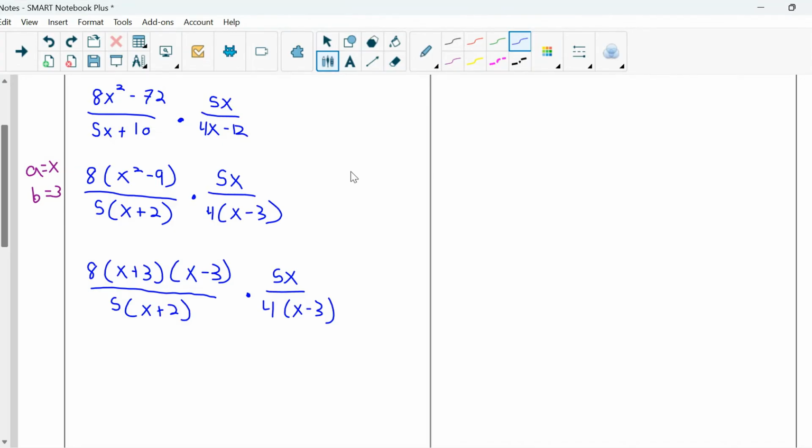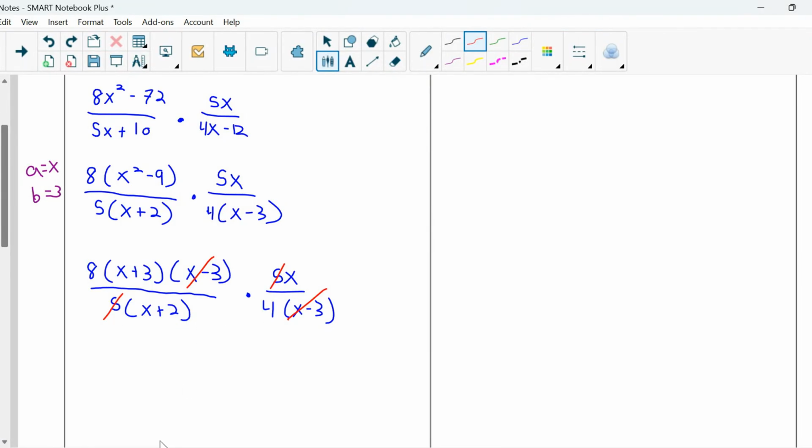All right, so we have done plenty of expanding here. Let's go ahead and start doing some canceling. So the first one that I noticed right away is we've got x minus 3 in the numerator, and I've got x minus 3 in the denominator. So I'm going to cancel x minus 3 and x minus 3. Cancel those out. The next thing I notice is I've got 5 times x, and I've got 5 times x plus 2.